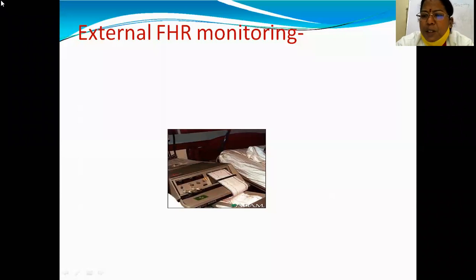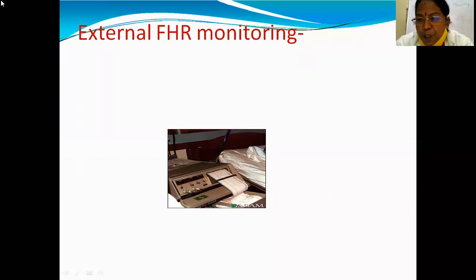On Doppler, we can just see the count of the heart rate. It is recommended for routine intrapartum fetal monitoring. Routinely, we don't go for continuous fetal heart rate monitoring. Routinely, we use Doppler only to monitor the patient in labor. This can be one method where we don't have the facility of CTG.